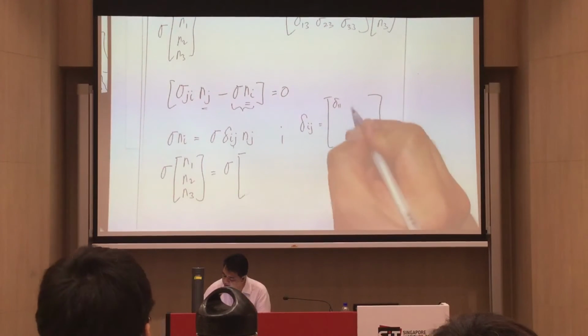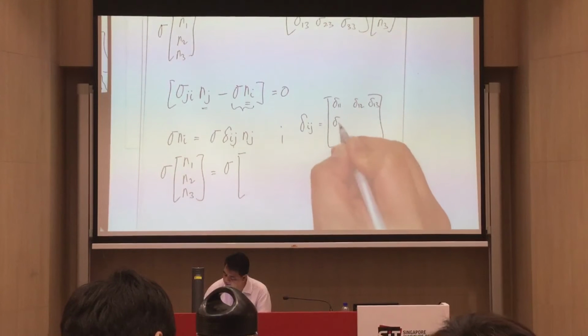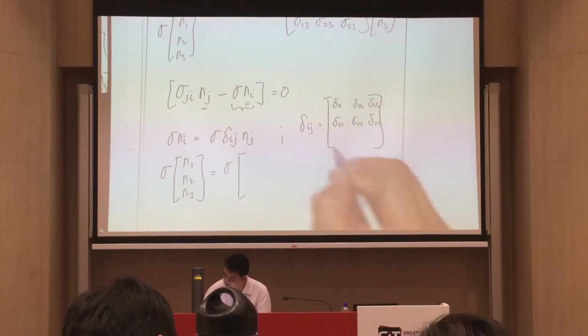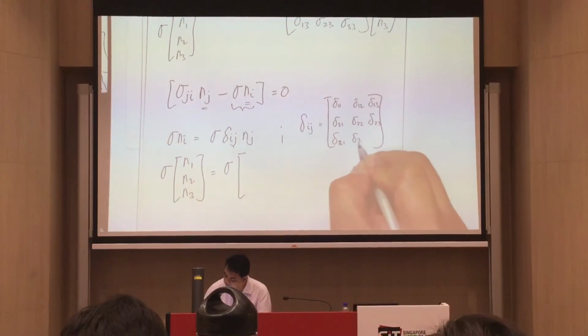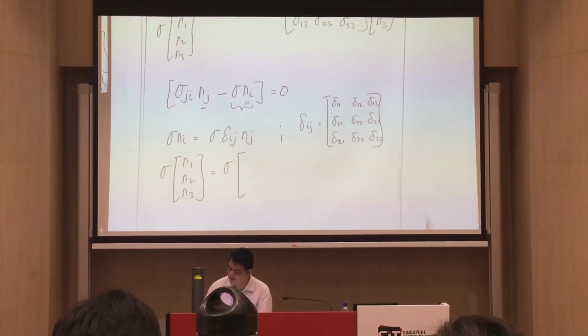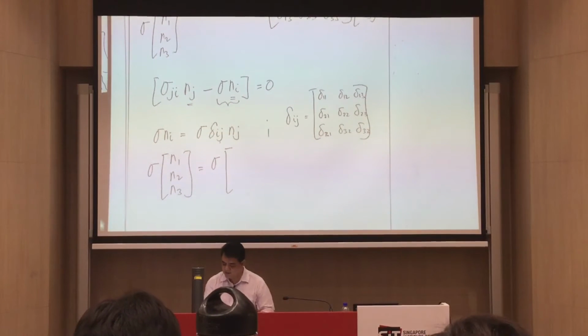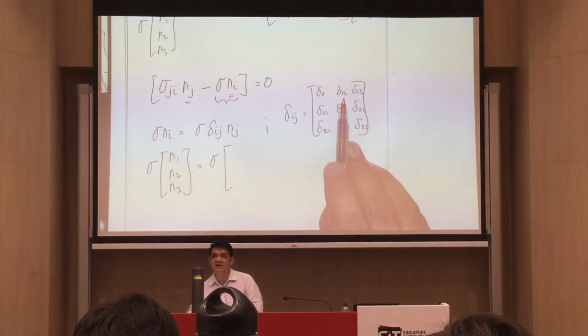Delta 1, 1, delta 1, 2, delta 1, 3. But delta ij, or the Kronecker delta, is equal to 1 if i is equal to j.